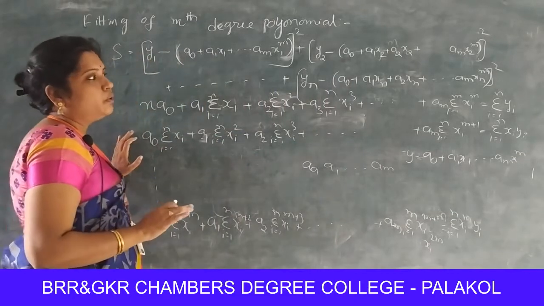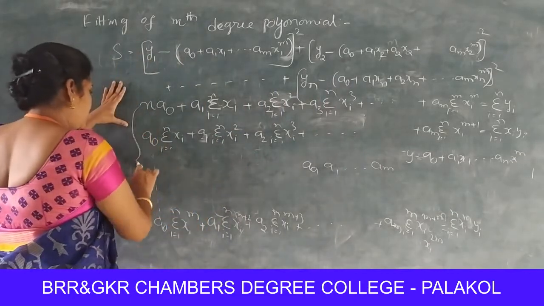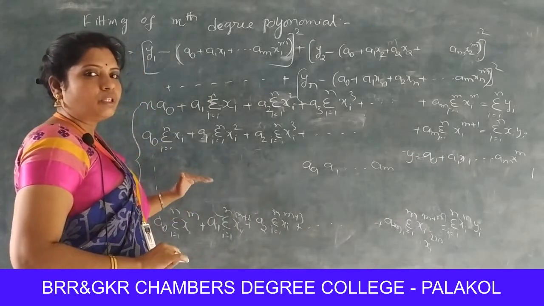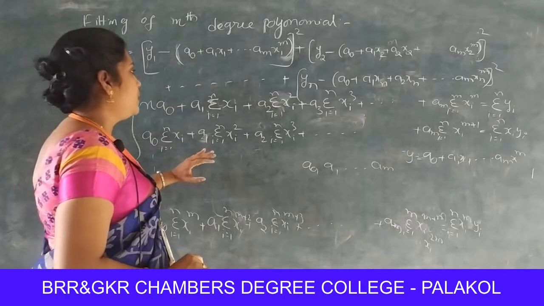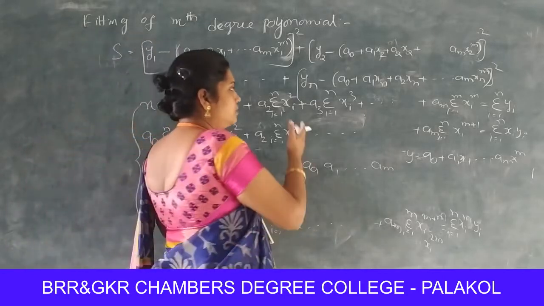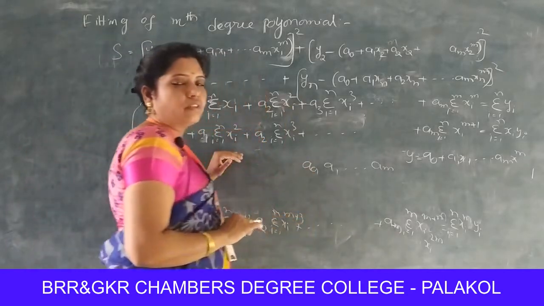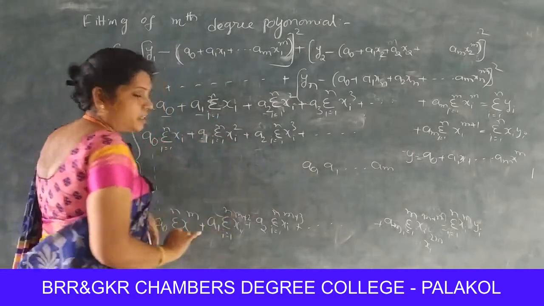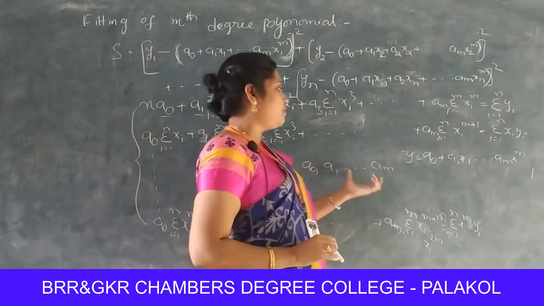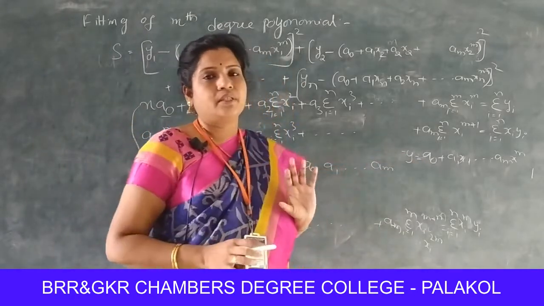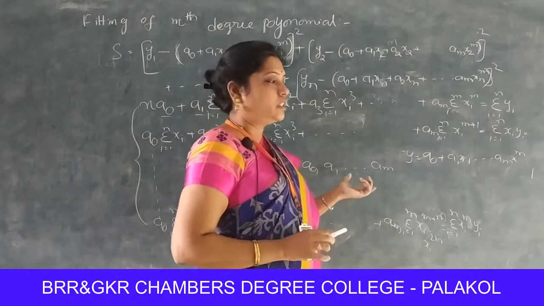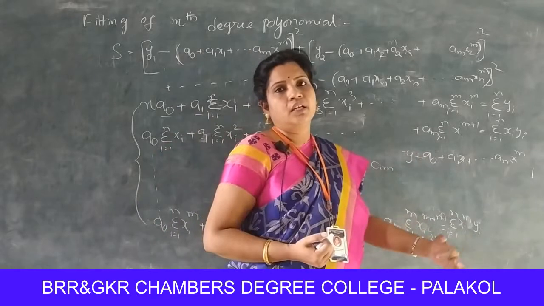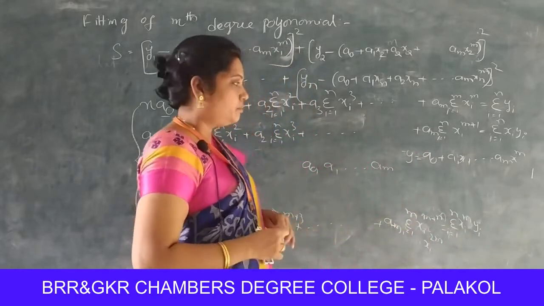Dear students, remember that all these equations are the normal equations for fitting a polynomial. So, by substituting the values in the polynomial, we get the least square polynomial for our given data.